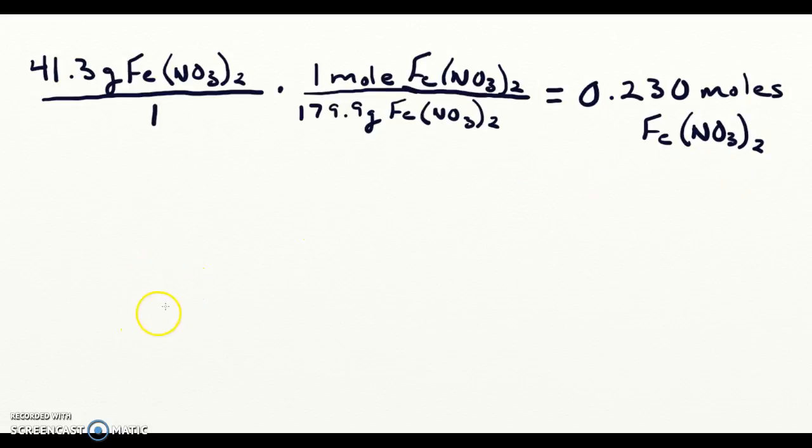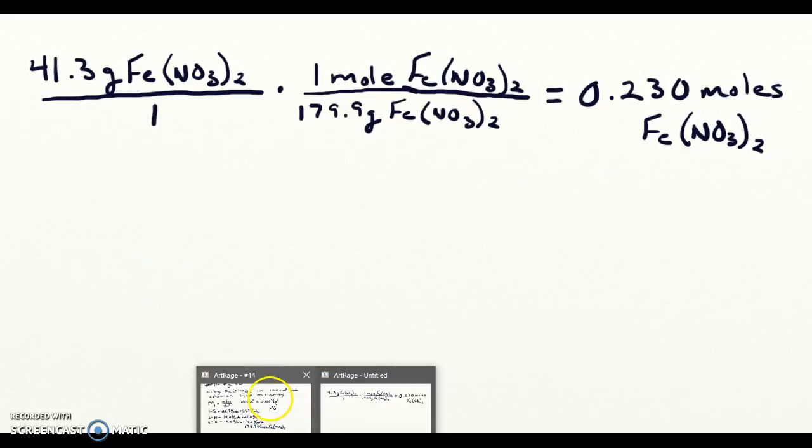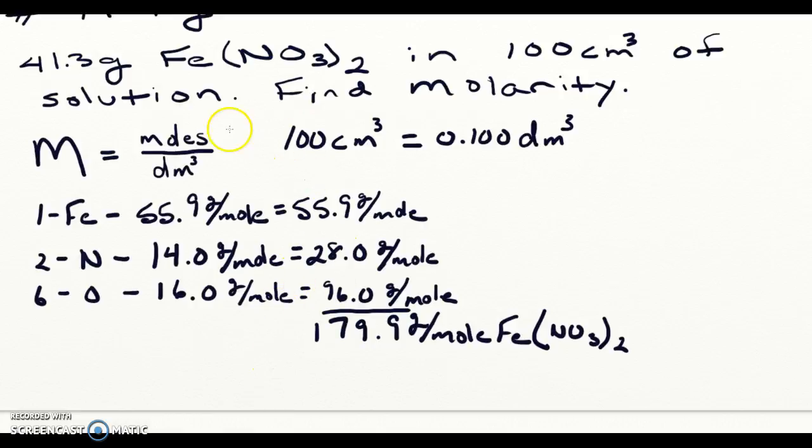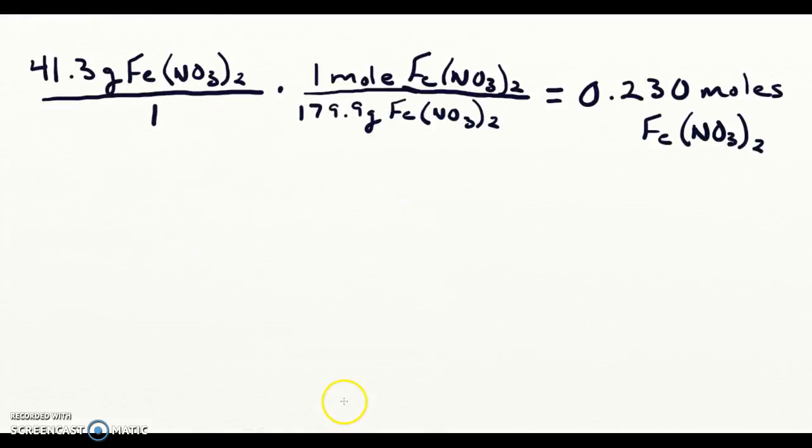Okay, so now I'm going to use the same page, but I'm going to jump back to the other one really quick so that you can see what we got going on. So now I have moles from the other page and decimeters cubed from here. Now I'm going to use this formula, moles per decimeter cubed, and I'm going to give you the molarity. So let's go back. I'm going to solve for it. What's the molarity? That's the question.